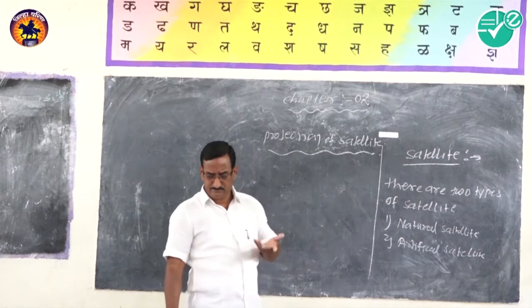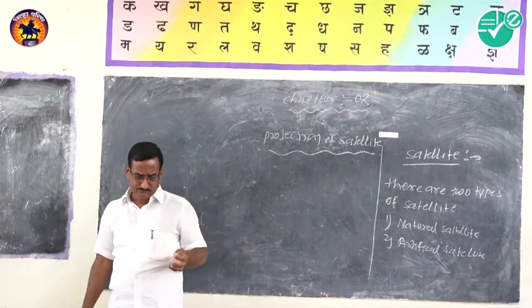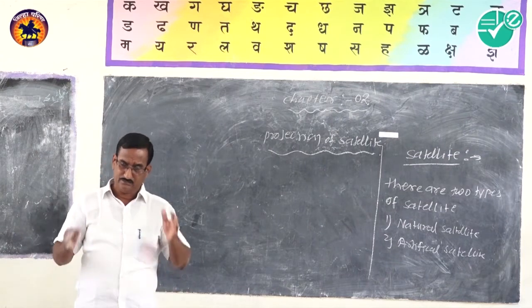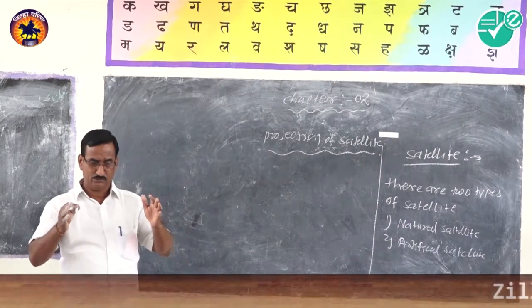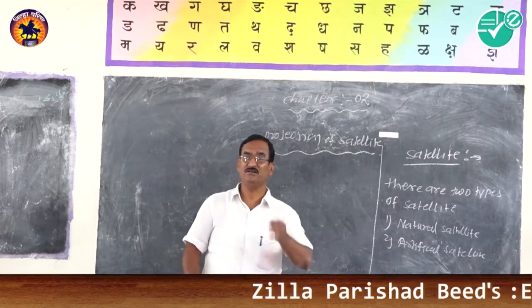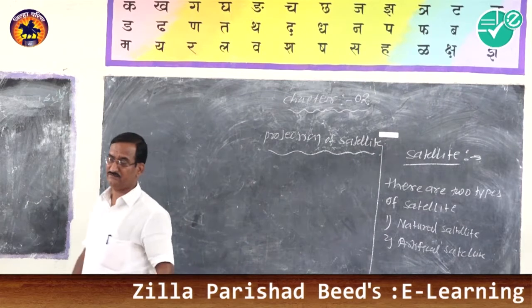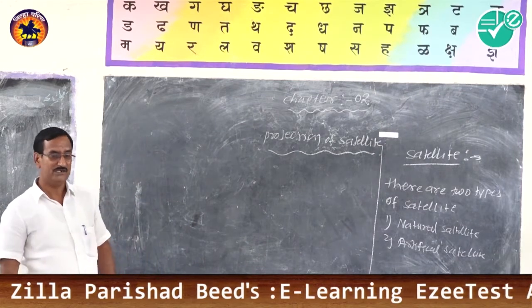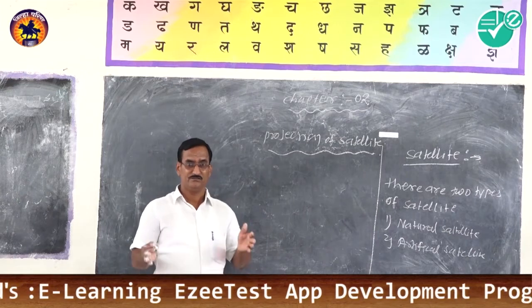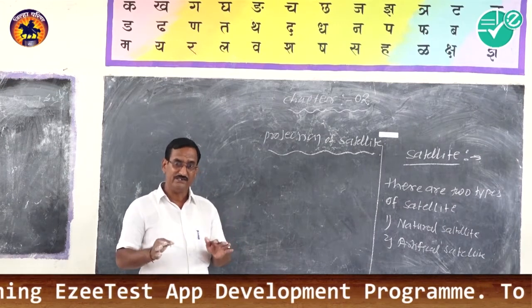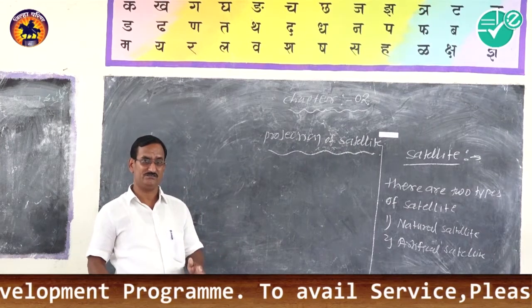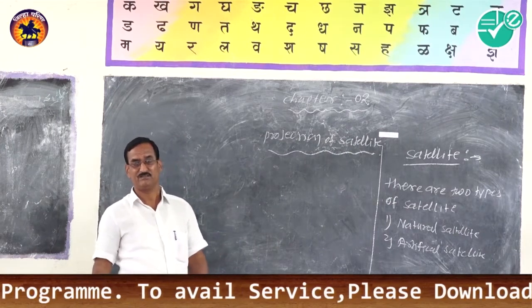For projection of satellites, firstly, multi-stage rockets are used for launching the artificial satellite, mainly two-stage rockets.